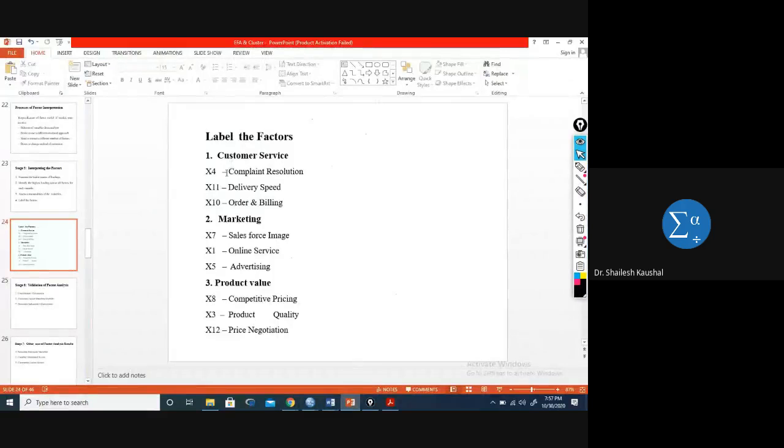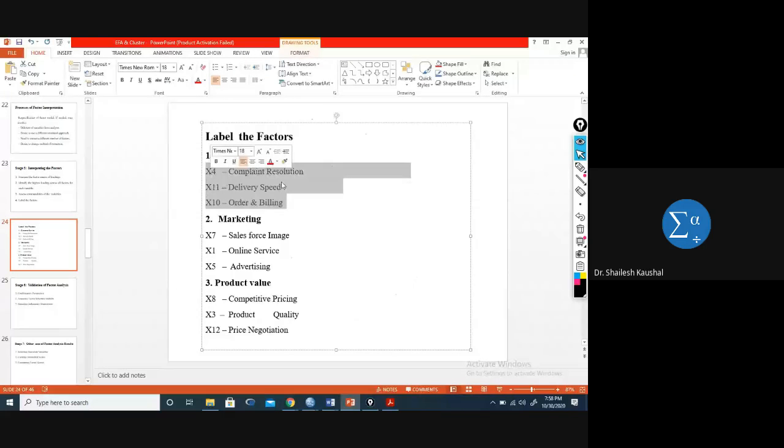And what should we give the name? Because SPSS will not give the name, it is the researcher's choice. The researcher will give the name of the 3 questions. Okay, so what are you perceiving from these 3 questions? Complaint resolution, delivery speed, order and billing.